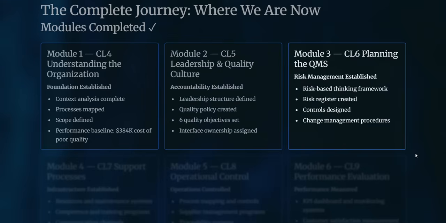Then in Module 3, which is Clause 6, Planning the Quality Management System, we have established risk management there, and we have covered the risk-based thinking framework. A risk register has been created there, and we have designed controls and also a change management procedure.